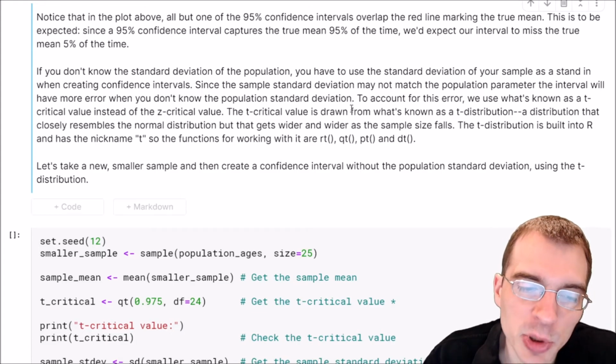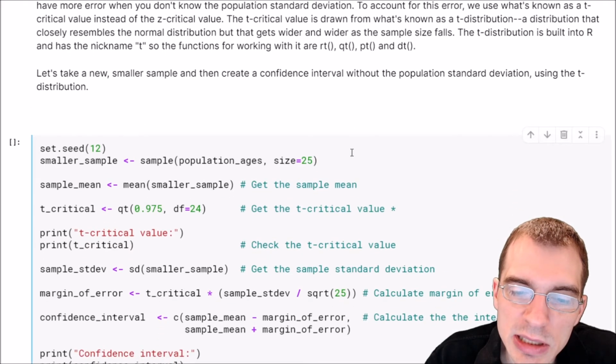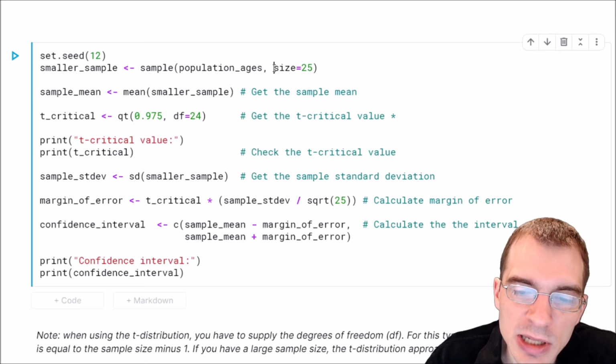So to give an example, this time we're going to take a new, smaller sample and then create a confidence interval without the population standard deviation, instead using the t-distribution this time. So to do that, we're going to take our smaller sample, so we're only going to sample 25 people this time instead of 1,000. We'll find the mean again. We'll use the t-critical value instead of the z-critical value.